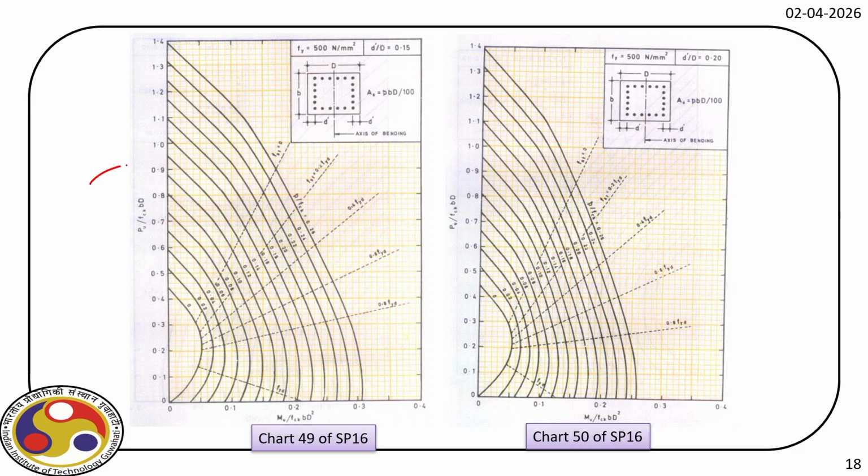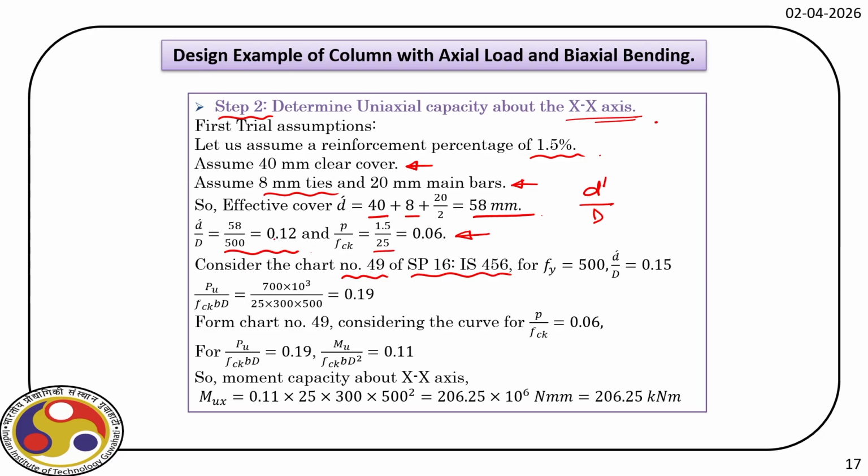So this is the chart we are going to refer. Here you see the Fy for the steel we use, it is 500 Newton per millimeter square, and here we use d' by D, it is 0.12.